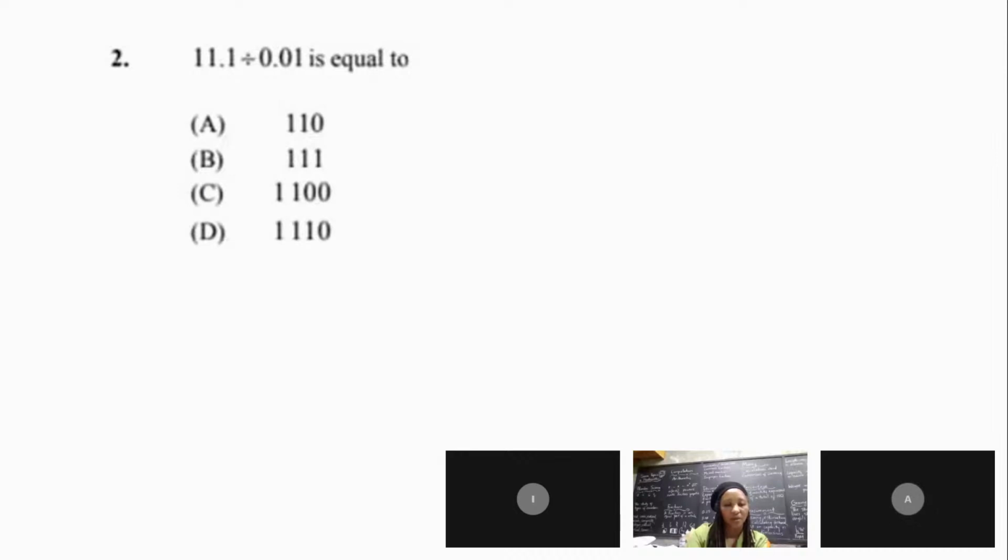Number 2. 11.1 divided by 0.01 is equal to. All right, so how would you do that? First we can, actually multiply the 0.01 by 10 to get it to 1.